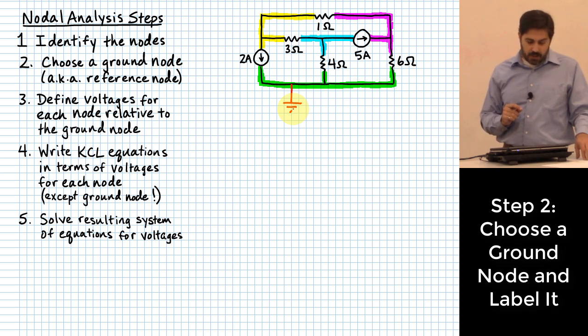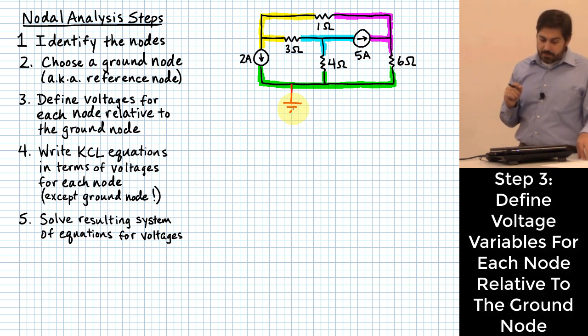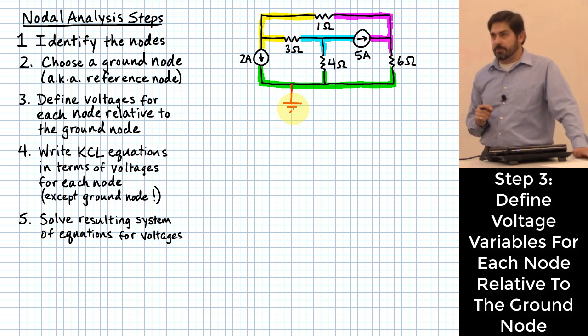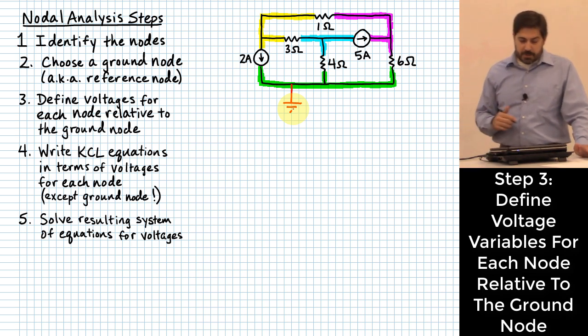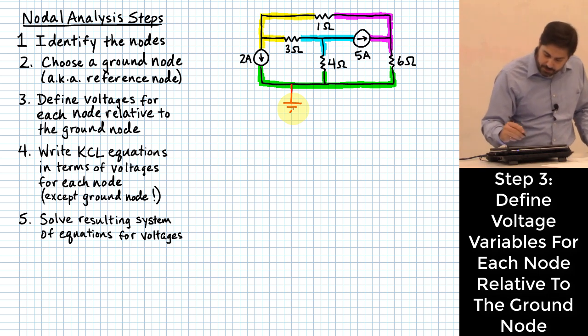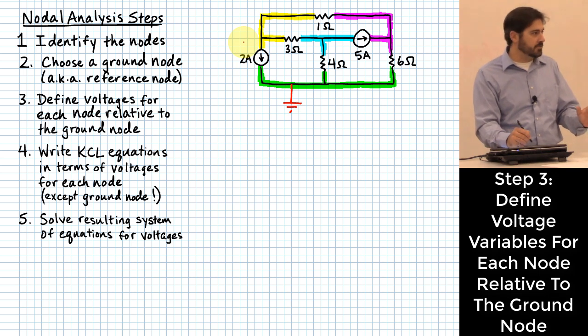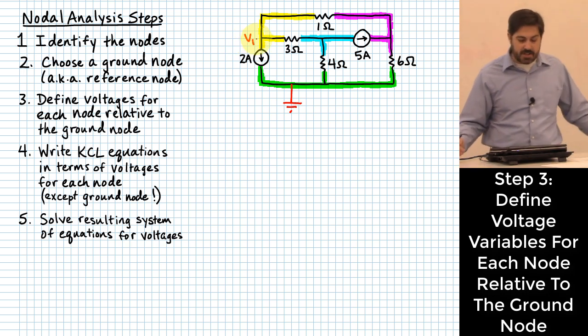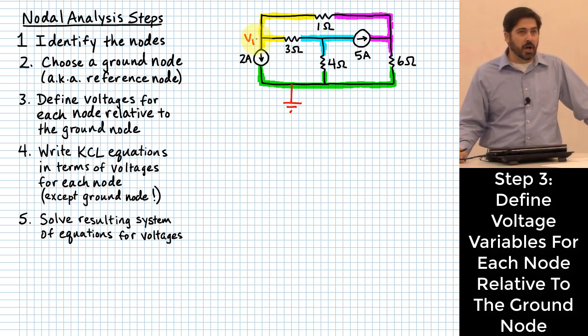Next, step 3 says define voltages for each node relative to the ground node. You don't have to be super fancy with this. Typically I'll just say V with a subscript, identifying and numbering the nodes. I might say V1, which implies that the yellow node is node 1.